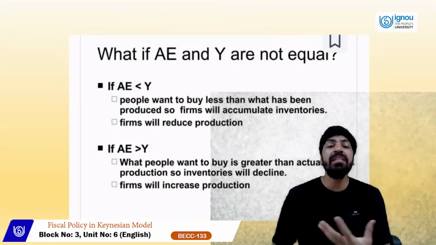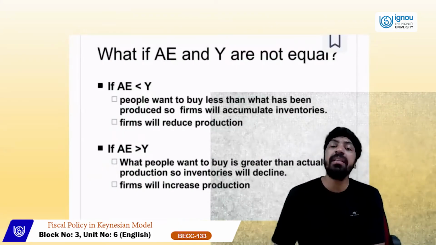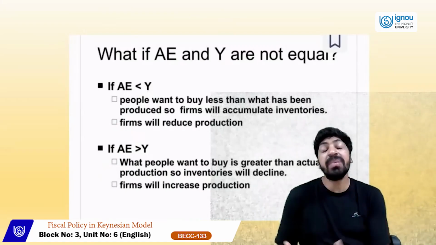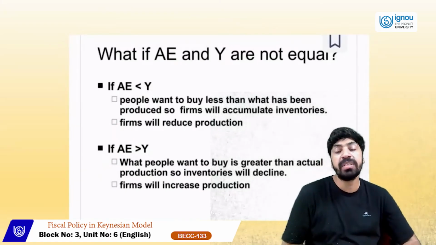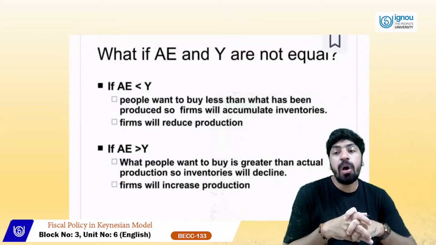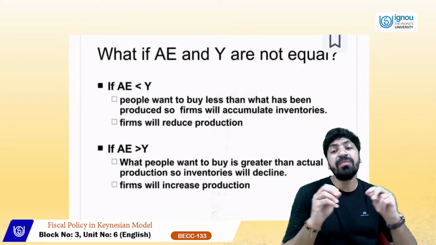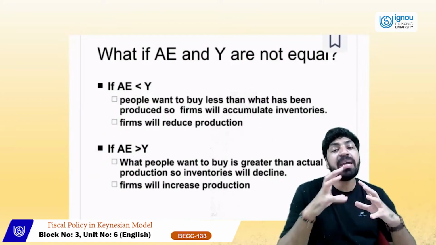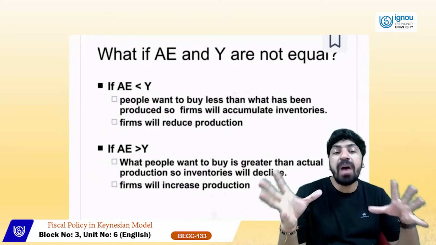There are two main situations. If aggregate expenditure is less than income, that means people want to buy less than what has been produced, and ultimately the firm has to accumulate stock, which is stored in warehouses.